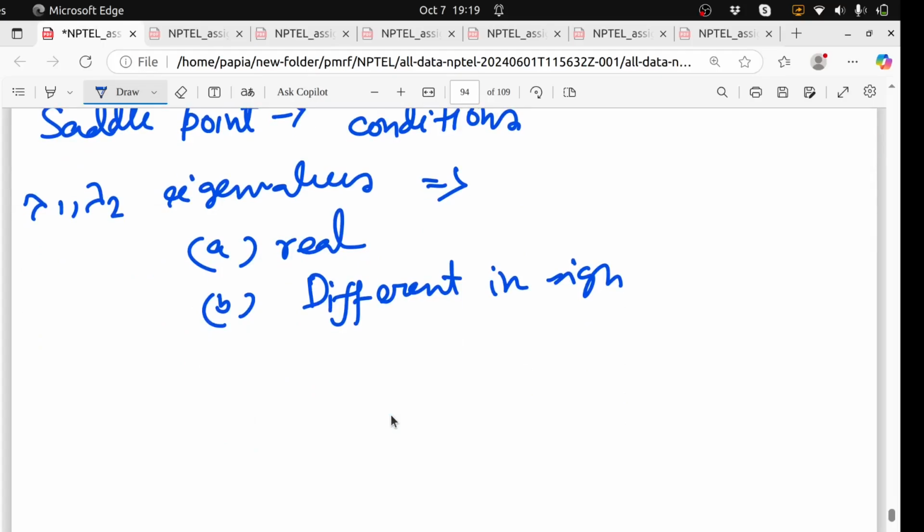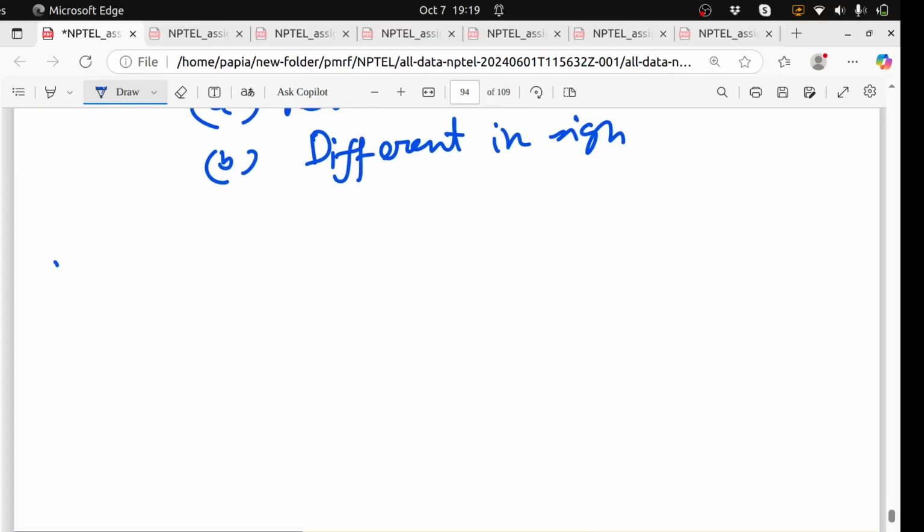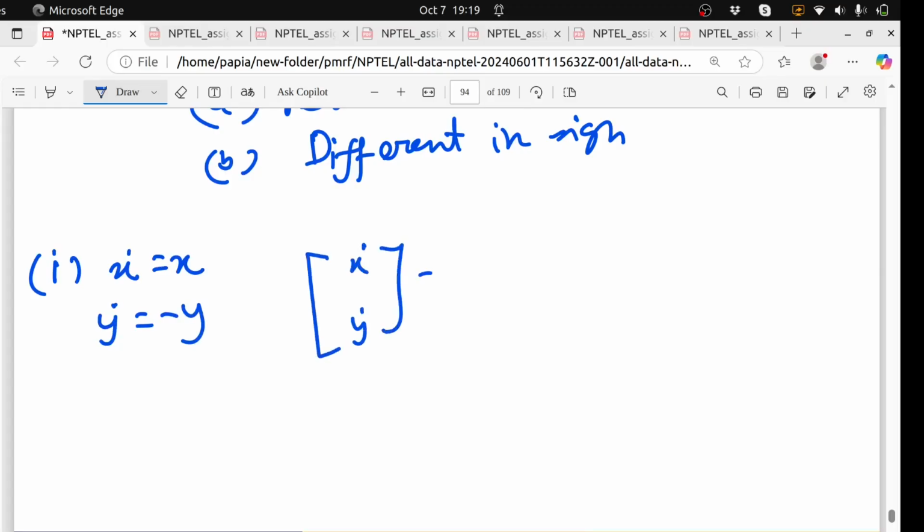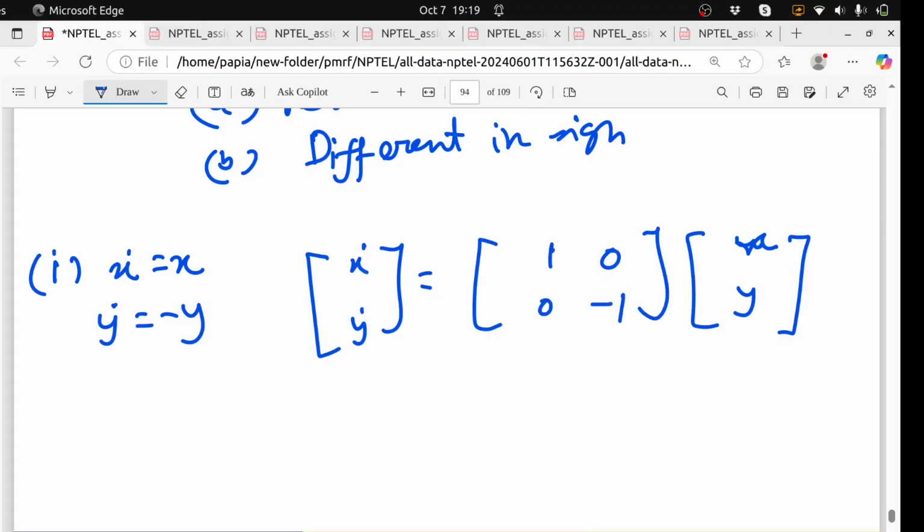Okay. Now coming to the first option. X dot equals x, y dot equals minus y. So again we will write here 1, 0, 0, minus 1.